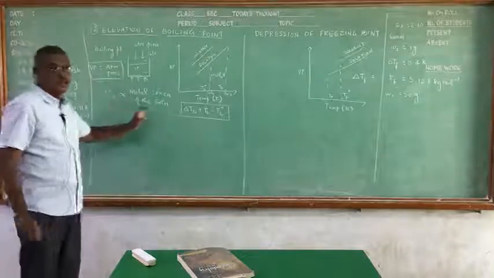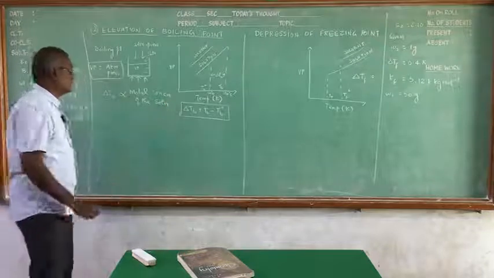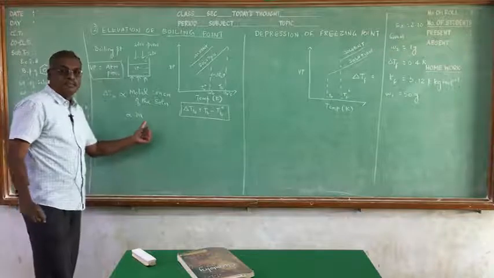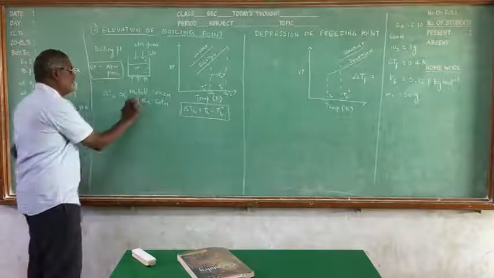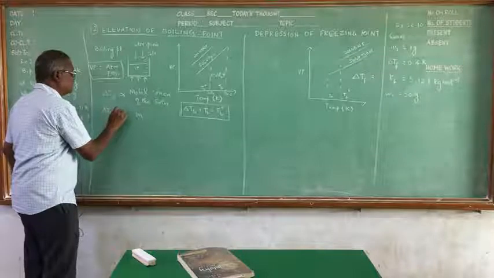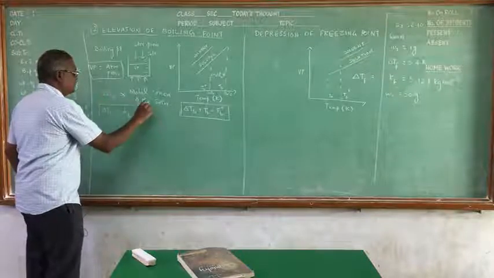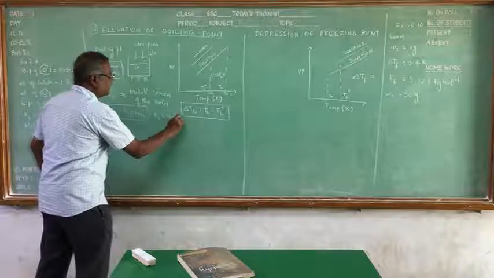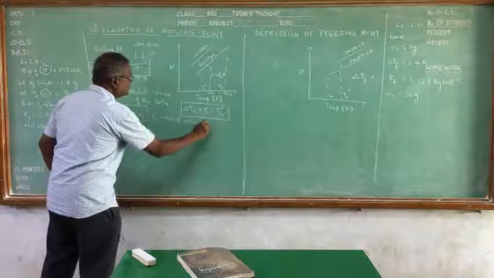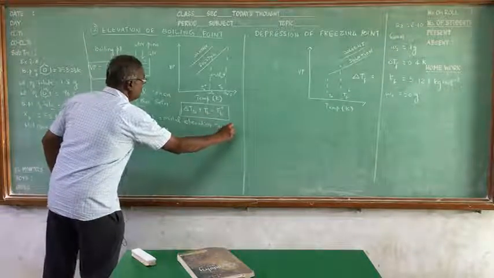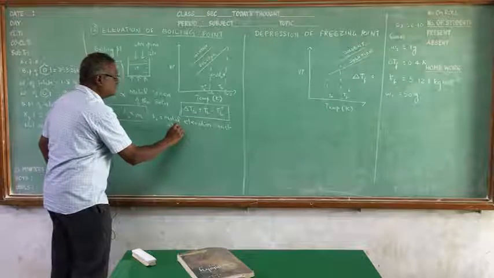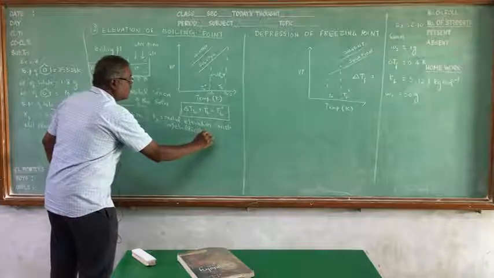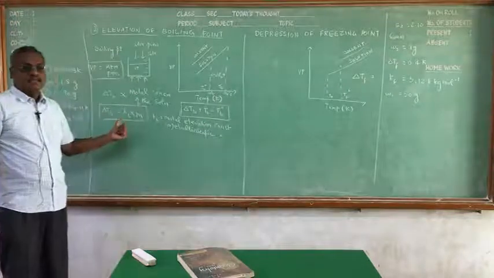The molal concentration is given by the symbol small m. To remove the proportionality, we put a proportionality constant Kb into m. Kb is known as the molal elevation constant, or also called the ebullioscopic constant.